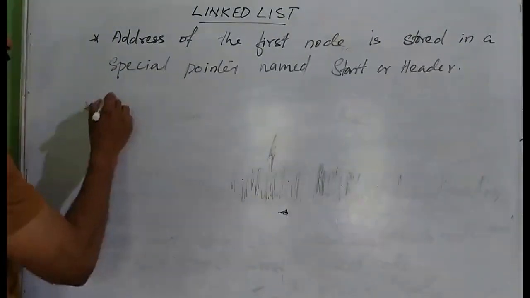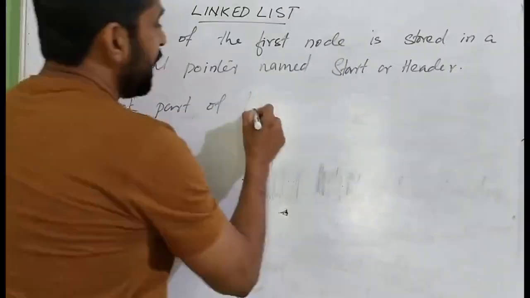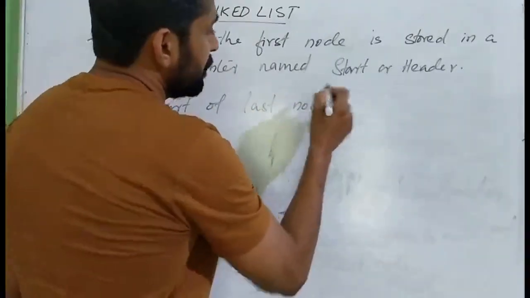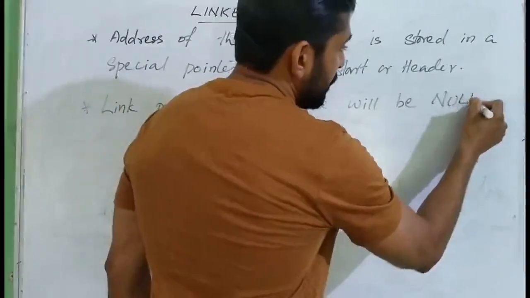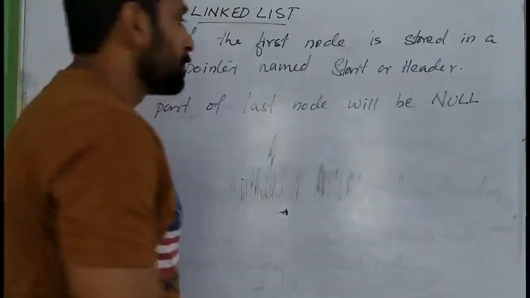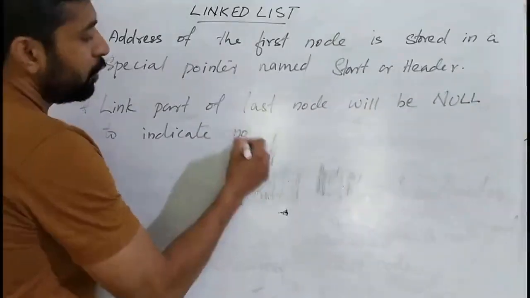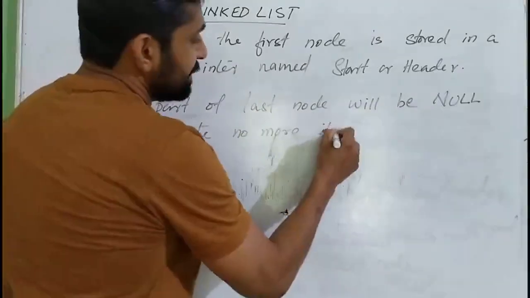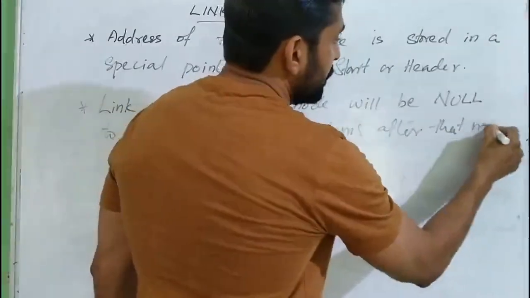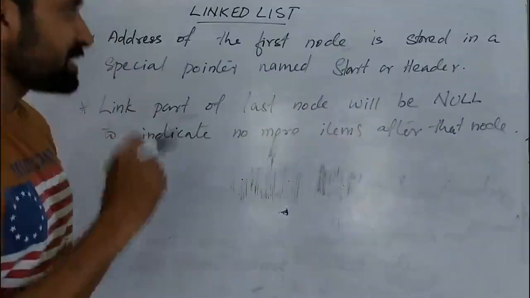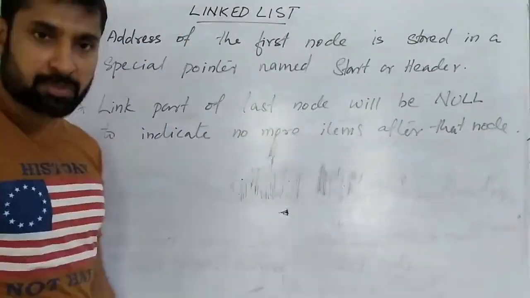Then the link part of the last node will be null. It points to nothing, to indicate no more items after that node. So this is the brief introduction about linked list.